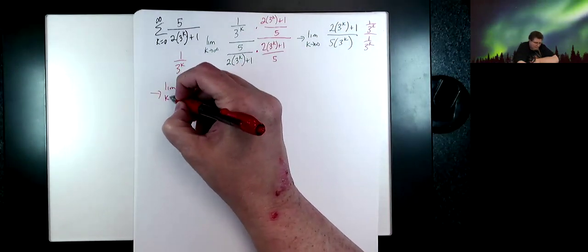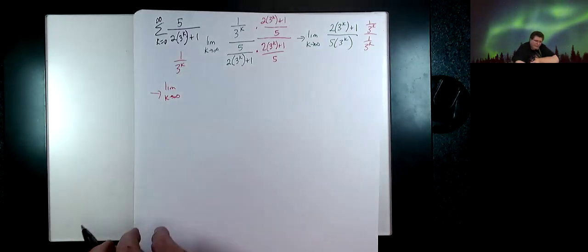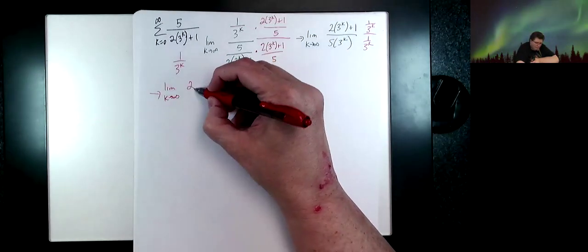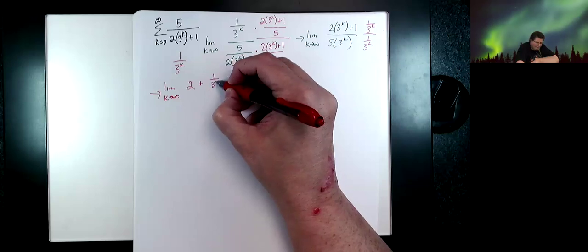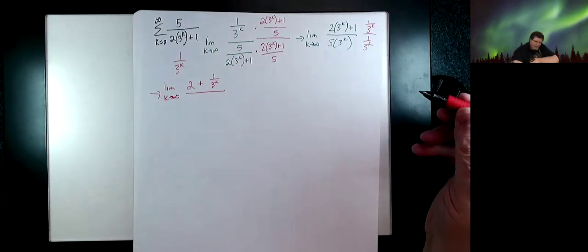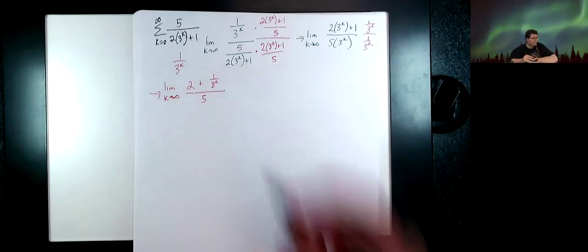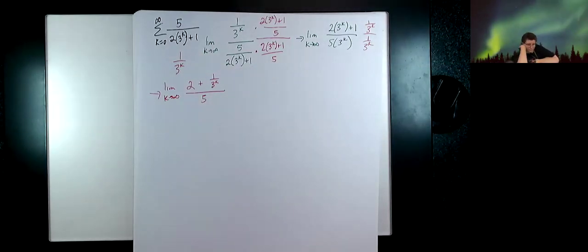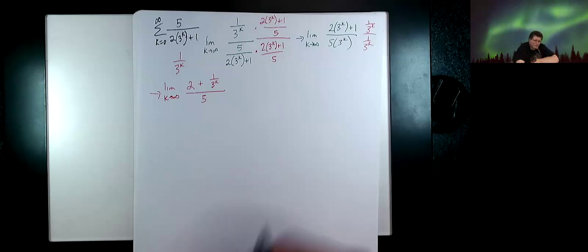And we're going to get the limit as K goes to infinity of 2 plus 1/3 to the K, all over 5. Remember, you've got to distribute.